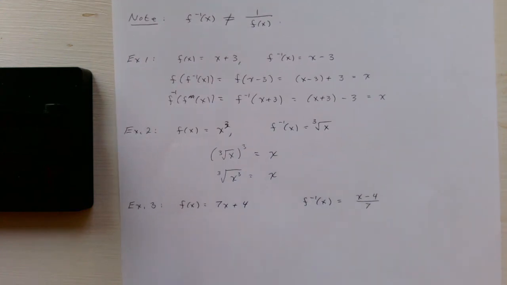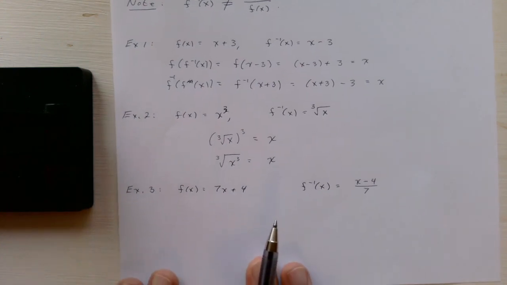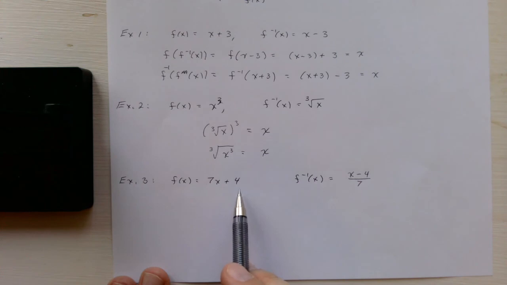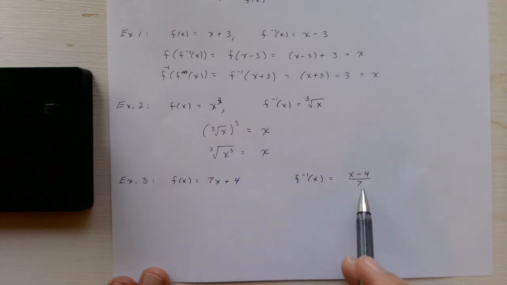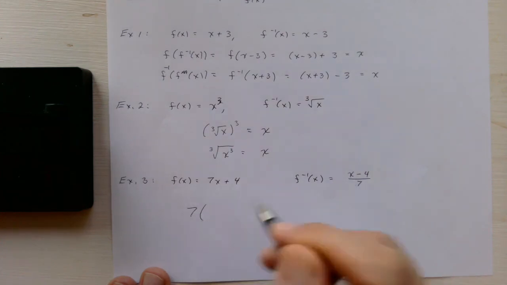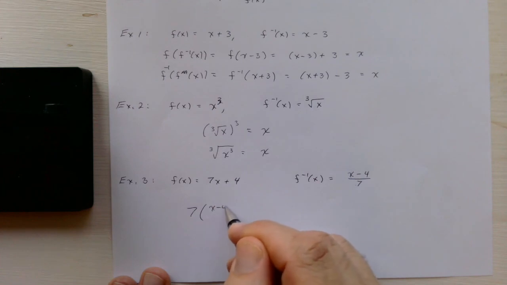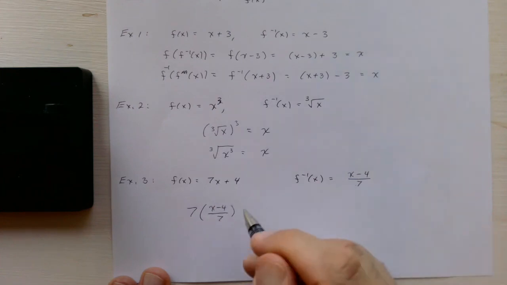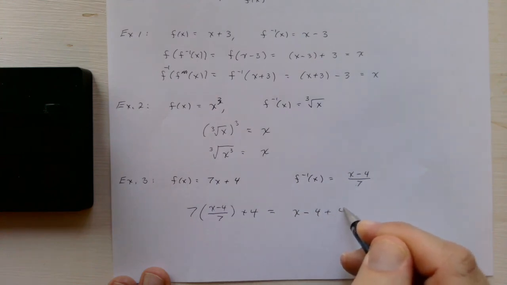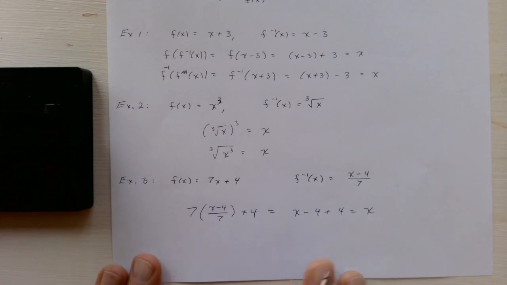And then, for example, if we have 7x plus 4 and x minus 4 over 7, those are inverses. If we plug this into here, we get 7 times x minus 4 over 7 plus 4. We compute this, the 7's cancel, and we get x minus 4 plus 4, and that's equal to x.